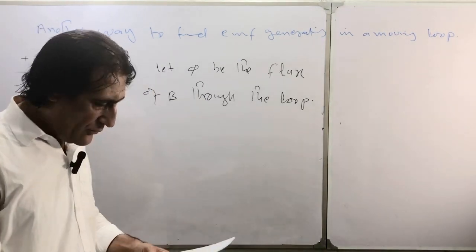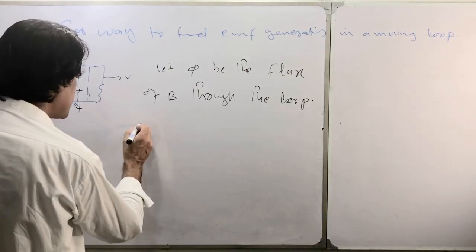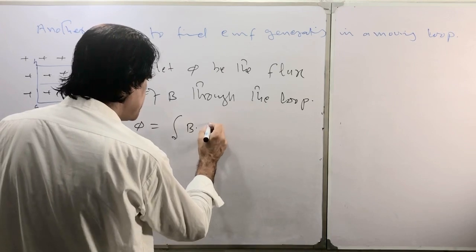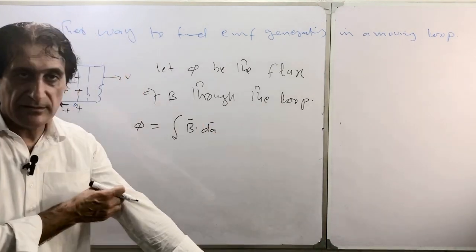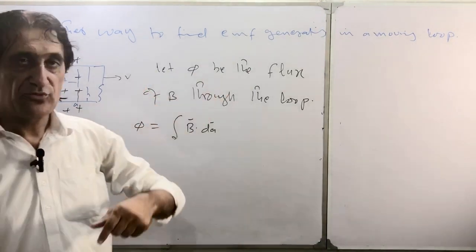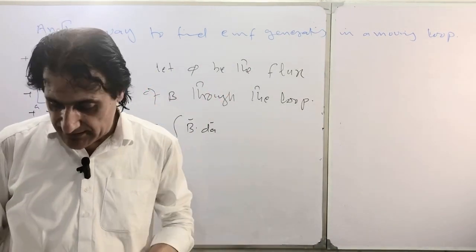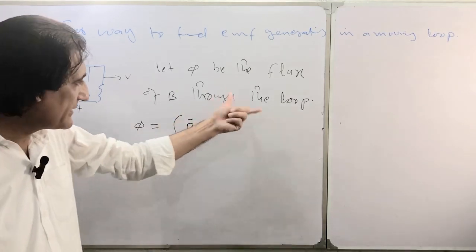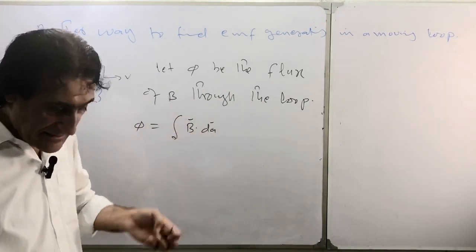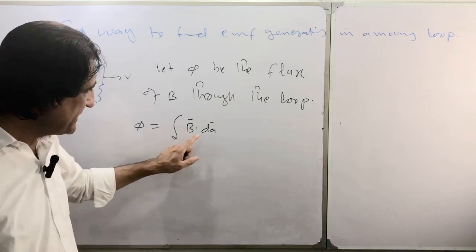So we can write down the flux, and mathematically this is equal to the integral of B dot dA. This is a mathematical formula. We can also write flux equal to B dot A if the area is A, but here this is an integration, B dot dA.